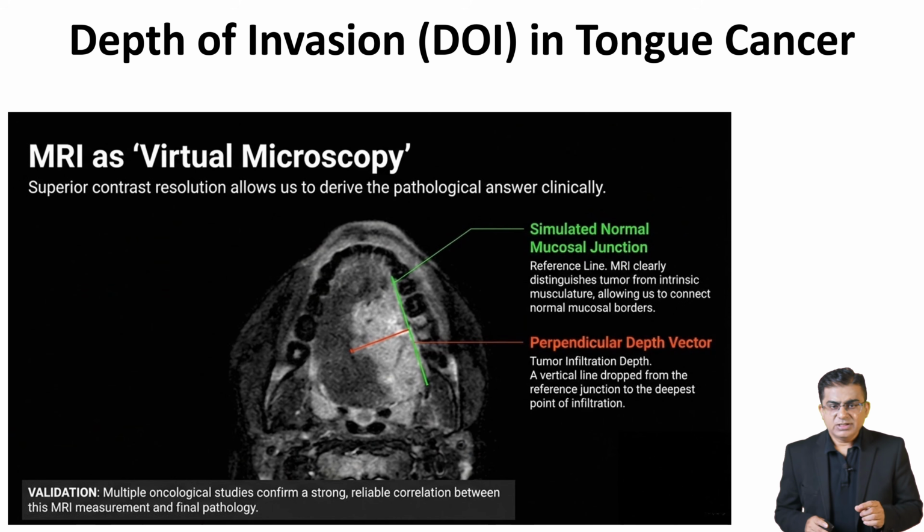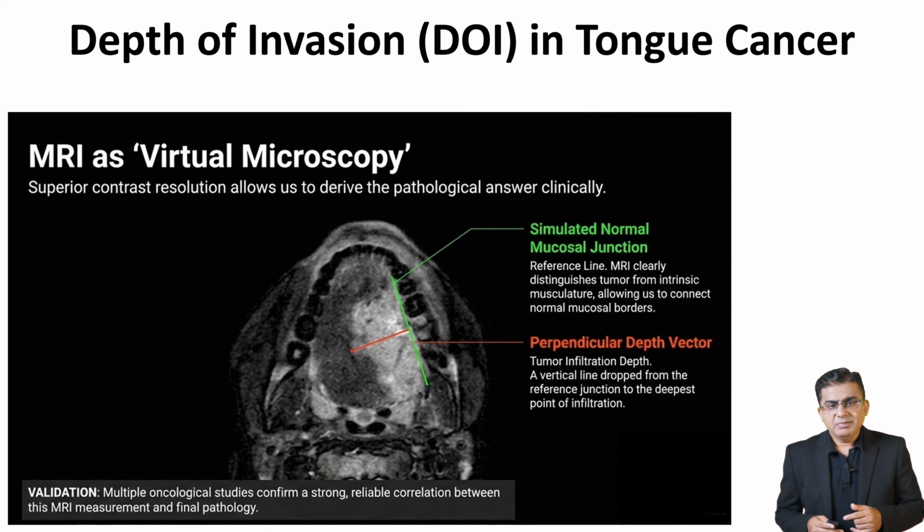Achieving this level of measurement accuracy confidently is really only possible with MRI. When you are planning a surgical resection in a bag of muscles like the tongue, this perpendicular measurement dictates your surgical margins and directly tells you the risk of metastasis to the lymph nodes. So always rely on precision of MRI.